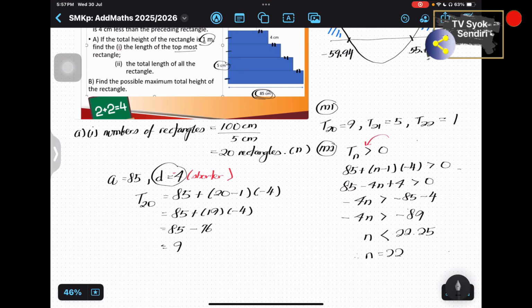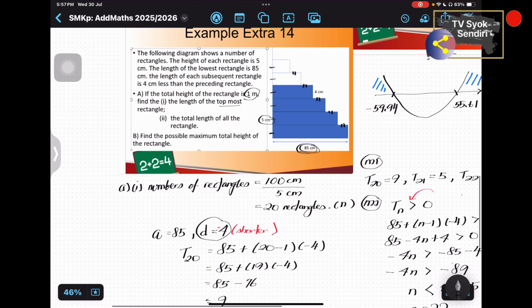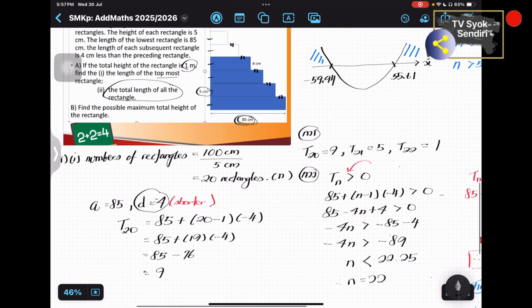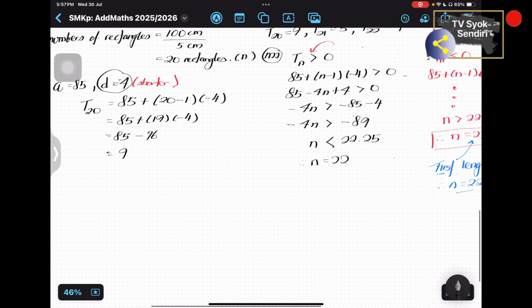Not yet. Why do I say not yet? Because we are not looking for n equal to 22. We actually want to find the total length of all the rectangles. So here I need to go into S22. Then it becomes 22 over 2 multiplied by [2 multiplied by 85 plus (22 minus 1) multiplied by negative 4].